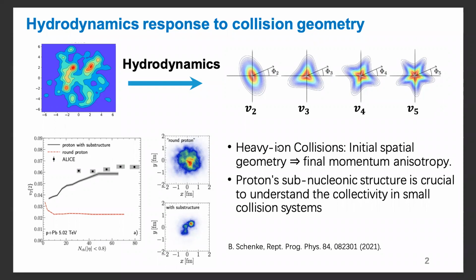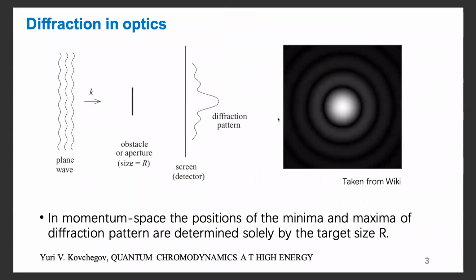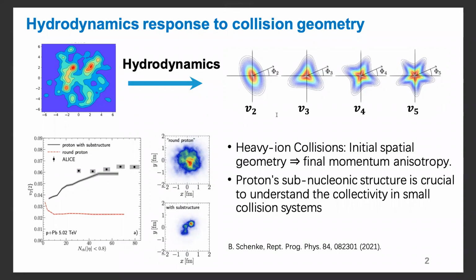What is V2? When you observe the final momentum distribution of particles and do the Fourier decomposition, V2 is the Fourier coefficient of the second harmonic, and this is the third harmonic. V2 means the elliptic flow, this shape, in the momentum space.